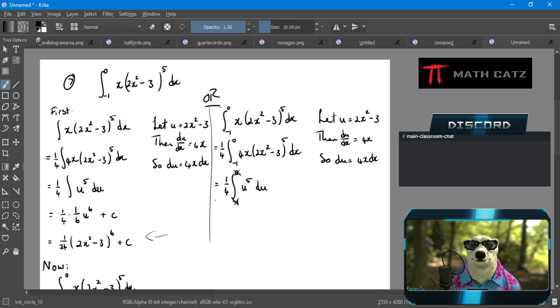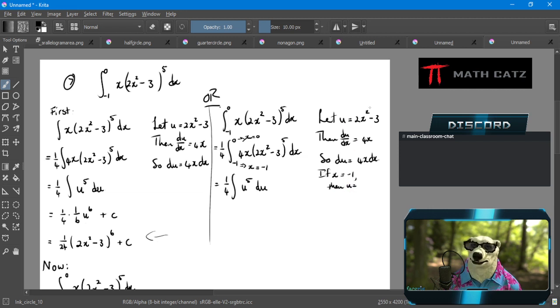because what this 0 meant as my upper boundary was really x equal to 0. X goes from -1 to 0. And if I'm going to change the variable from x to a u, I need to figure out if x is -1, then what is u at that same point?